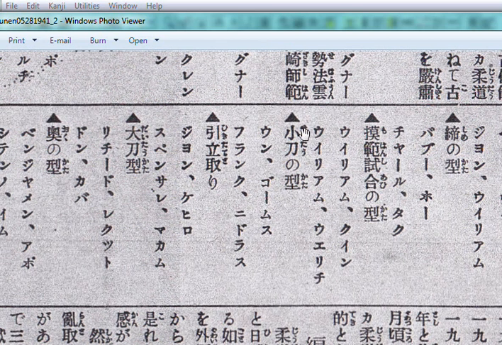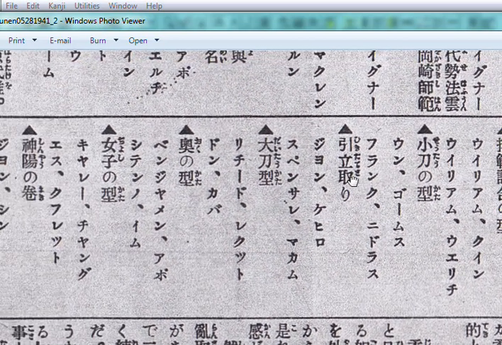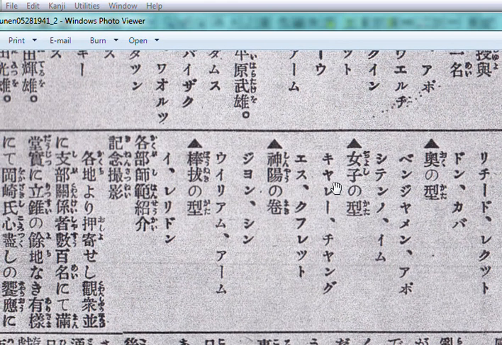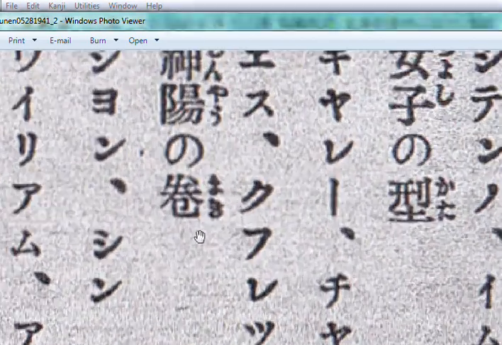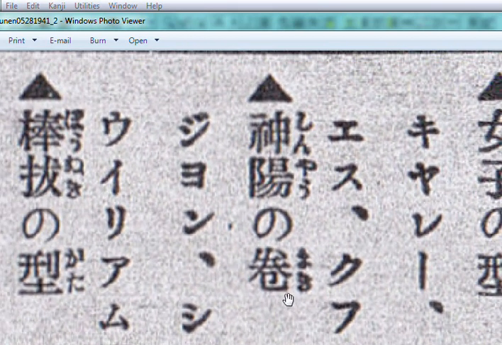There's knife arts and all kinds of different things. But the one that I wanted to point out to you is this one right here. And let's just enlarge that, and move it to the center of the frame. It's a little grainy, but it's quite legible.